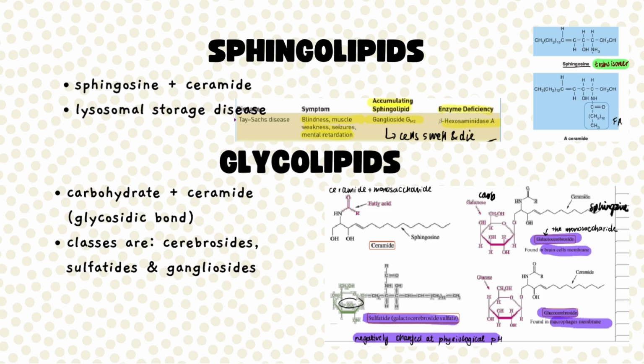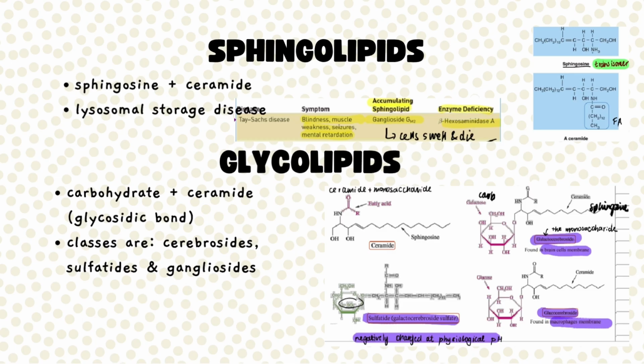And an important point that doctors tend to emphasize is the lysosomal storage disease involved with sphingolipid metabolism, Tay-Sachs disease. Okay, so what we have is a deficiency in the enzyme beta-hexosaminidase A, and this enzyme is no longer able to metabolize ganglioside, which is a sphingolipid, and the cells are going to swell and die.